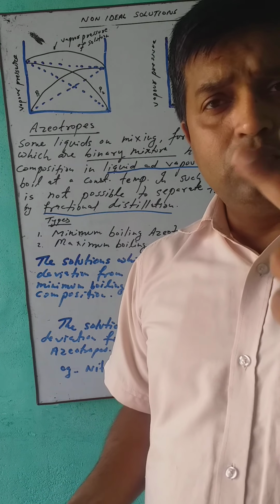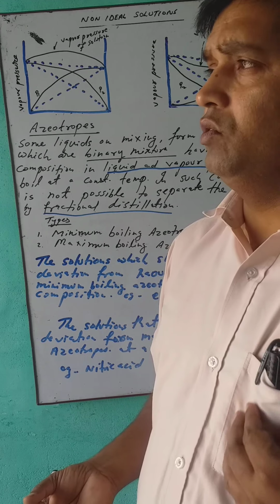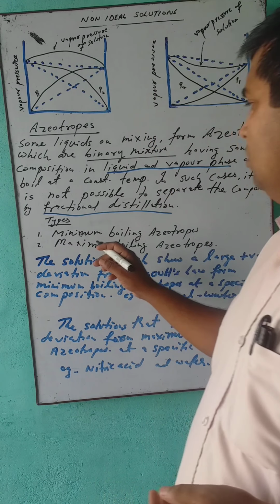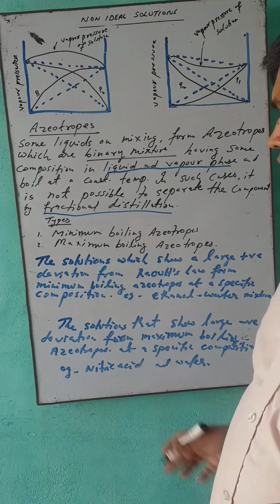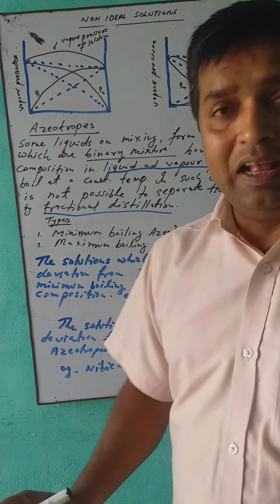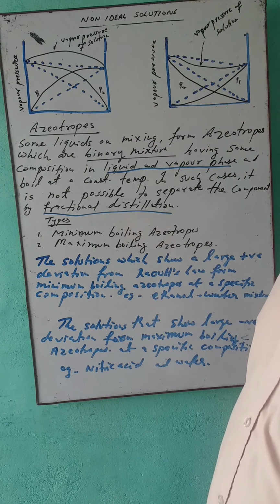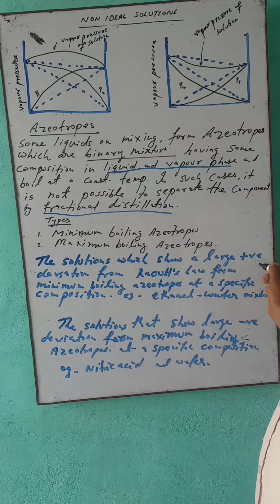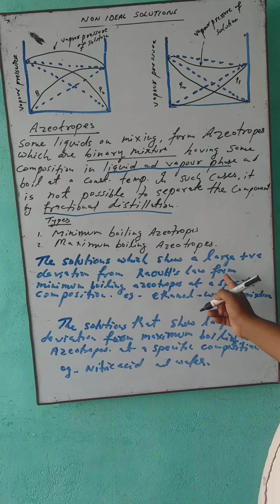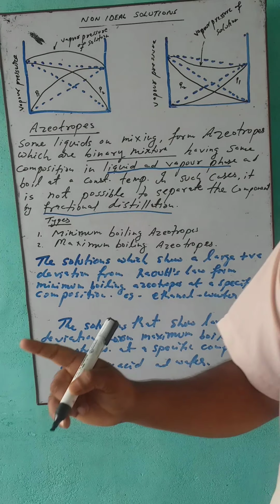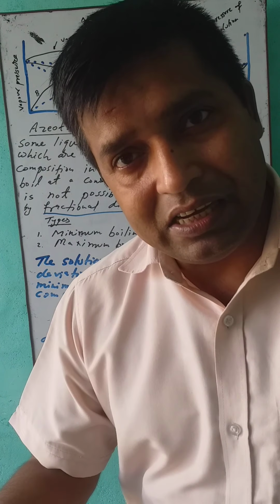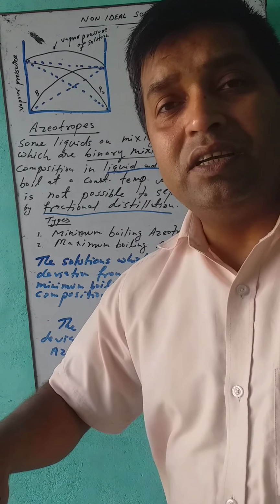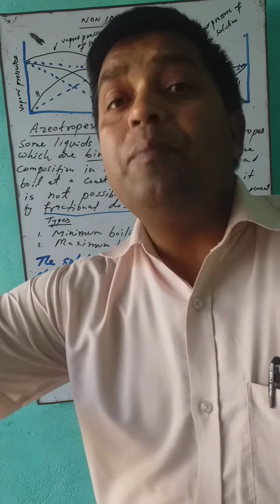Dear student, there are two types of azeotropes. One is minimum boiling azeotropes, another is maximum boiling azeotropes. Now minimum boiling azeotropes means what? A solution which shows a large positive deviation from Raoult's law. We know that positive deviation is there; here the deviation is more than the positive.